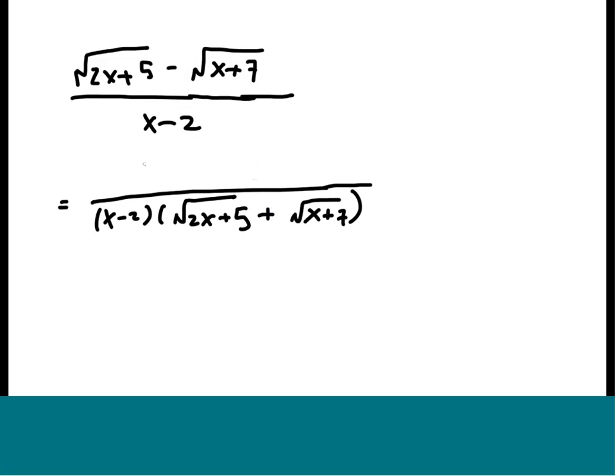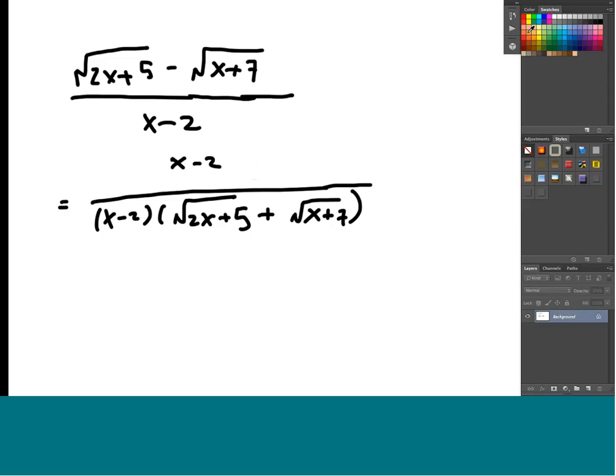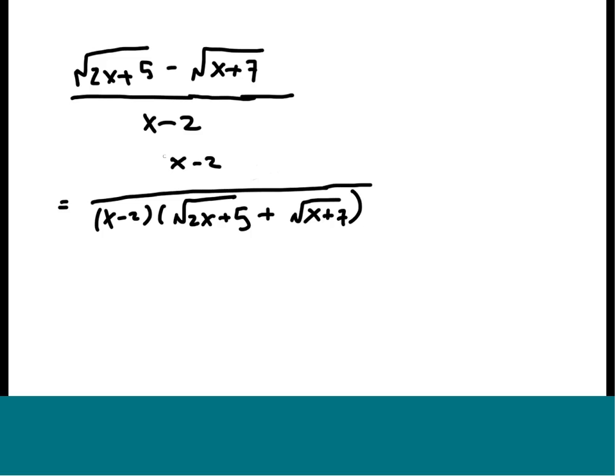Then goes x minus 2. Oh, okay. So you cancel out that one and that one.